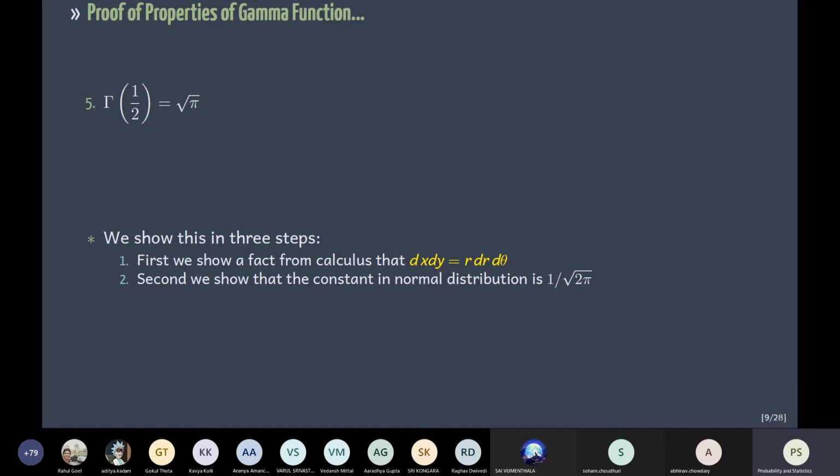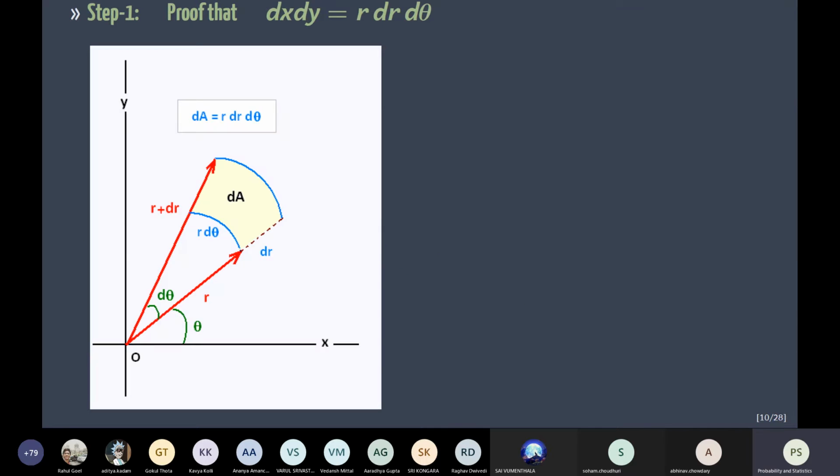This may sound like it is coming out of nowhere right now, but it's needed in the proof of this result of the gamma function. And finally, we will use 1 and 2 to show the final result, right? So let us see quickly what was the thing when we move from dx dy to polar coordinates.